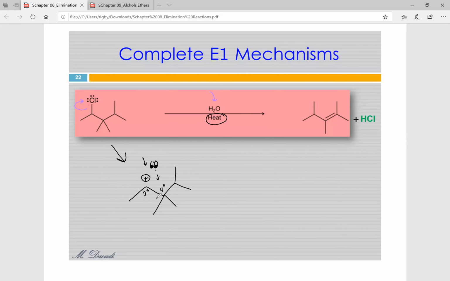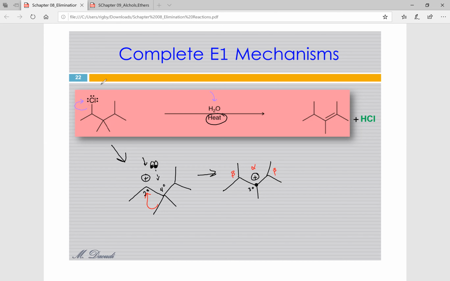So what occurs is a 1,2 methyl shift where one of these methyl groups moves over to that secondary carbon, and we end up with this guy right here. Our positive charge is moved here, and now we have a tertiary carbocation. Okay? And that is why it's important to not mark our alpha carbon until we're sure we have our final carbocation, at least for E1, because here's our alpha carbon, and then here are our 2 beta carbons.